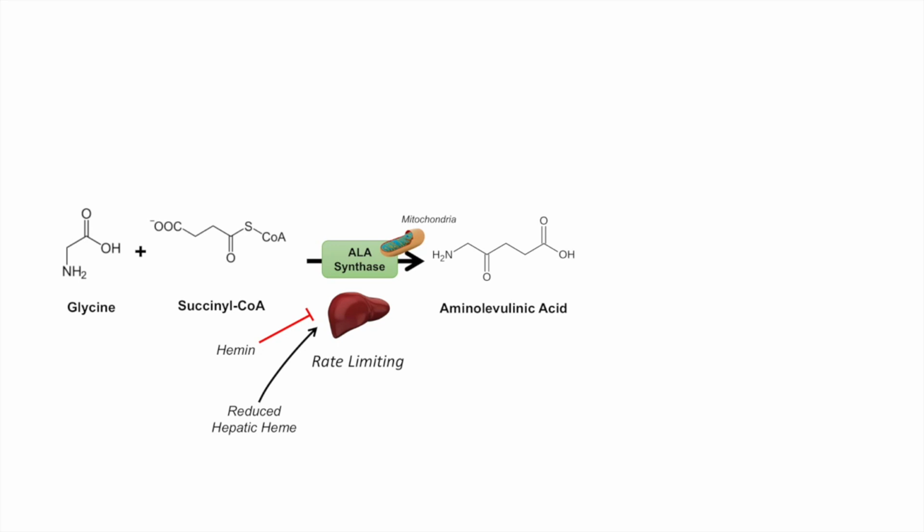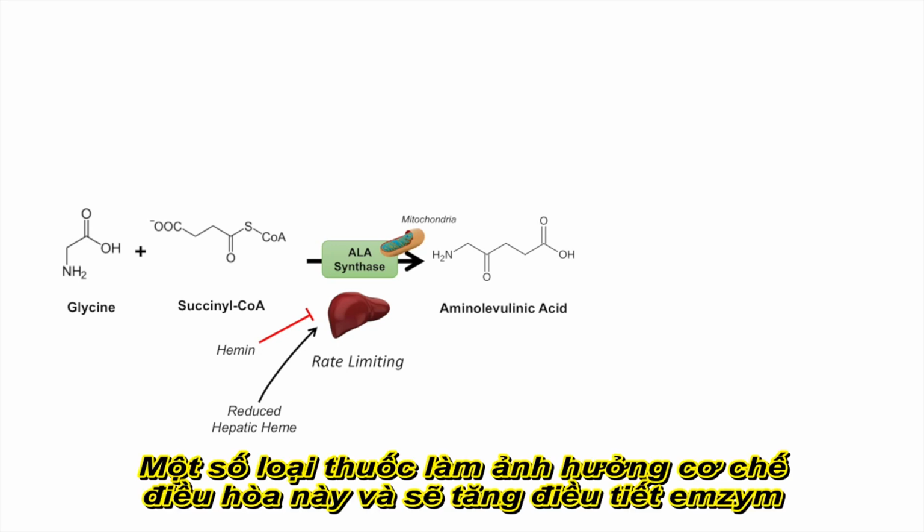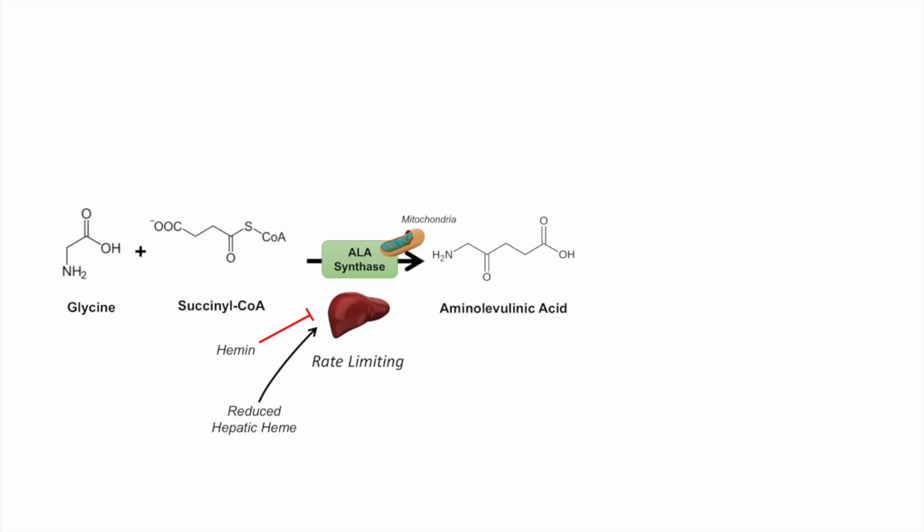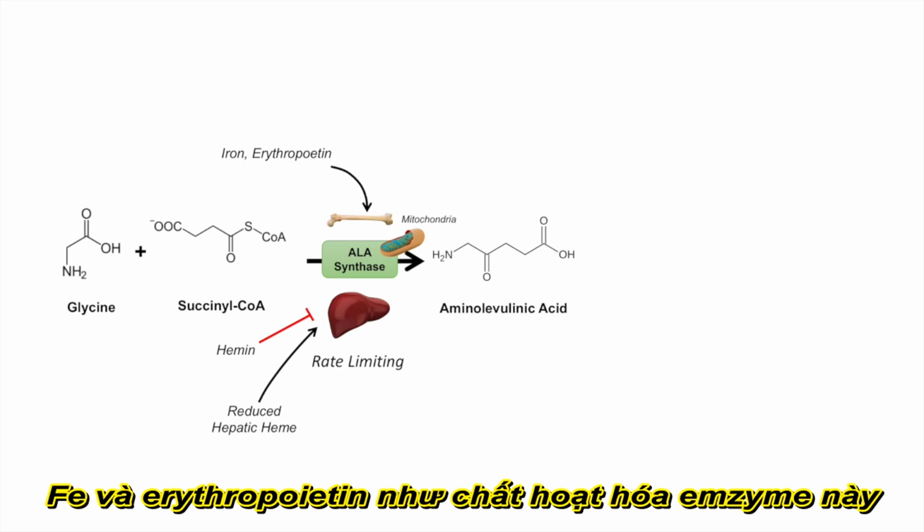The cytochrome P450 system becomes overutilized and would require more heme production. That is why reduced hepatic heme would upregulate this enzyme to compensate. In the erythropoietic system, iron and erythropoietin are the activators or upregulators of this enzyme.